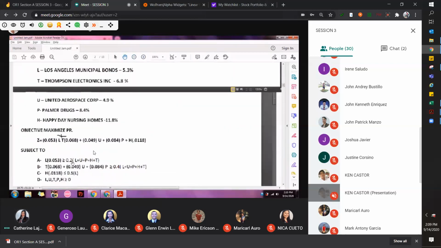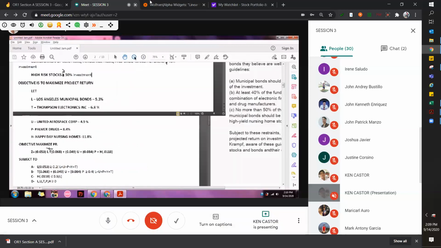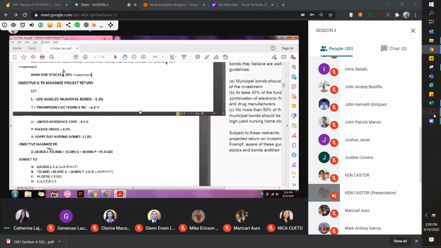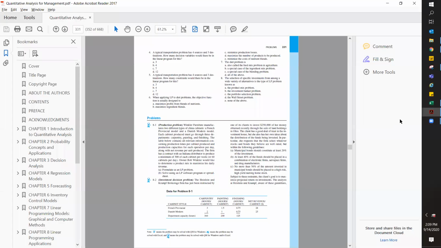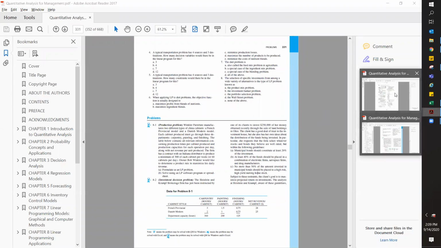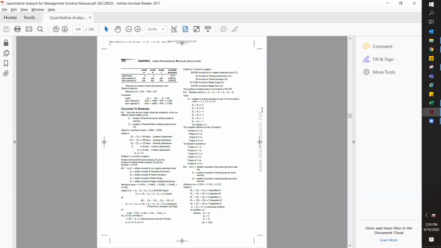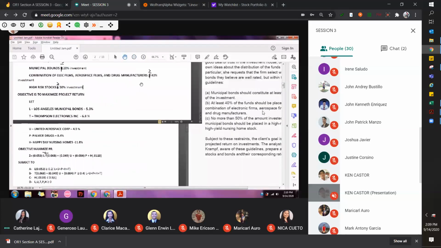Bakit po natin nilagay, ma'am, yung 0.053? Yan yung value ng return. Yes, pero dyan, ano ba sinabi nun sa statement? Is it the rate of return be equal to 0.2% or 20% of the ganyan?